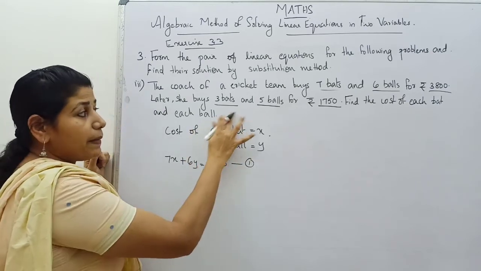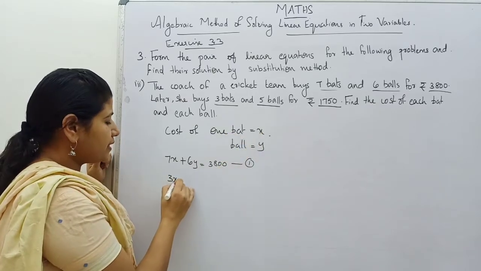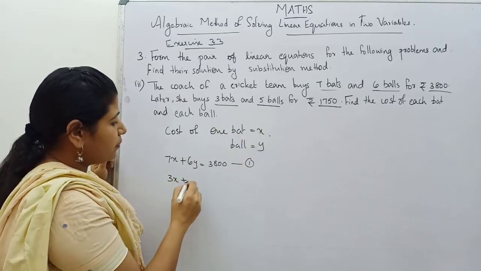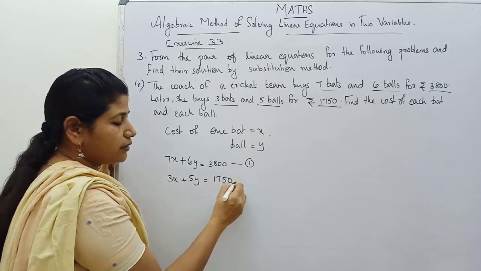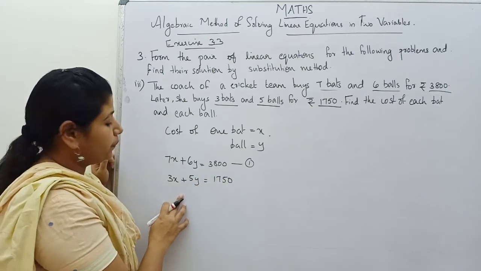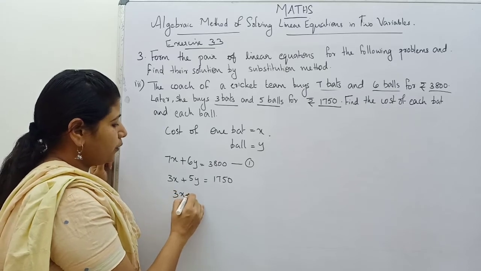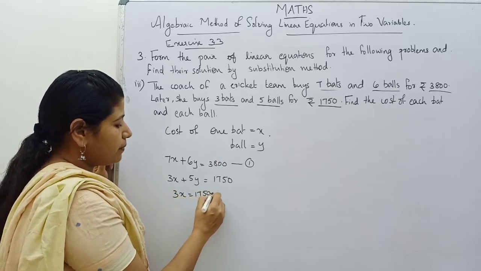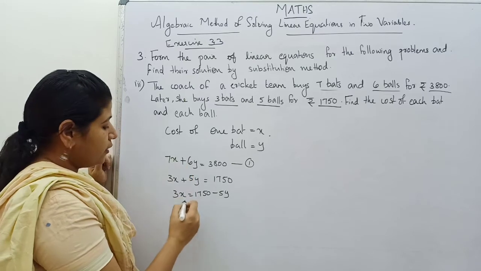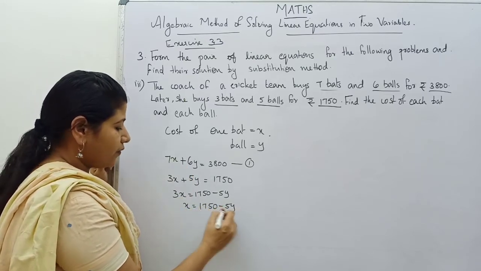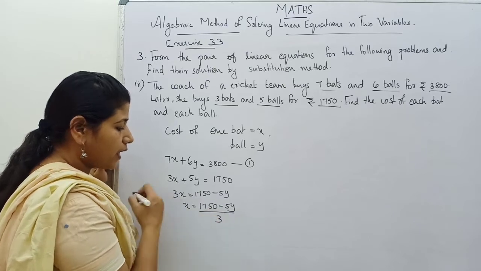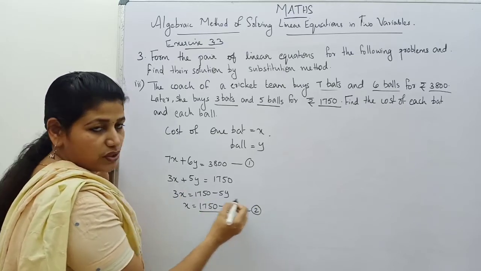And then 3 bats and 5 balls: 3x plus 5y equal to 1,750. We can change this into 3x equal to 1,750 minus 5y. So x can be written as (1750 minus 5y) by 3. So this is your second equation.